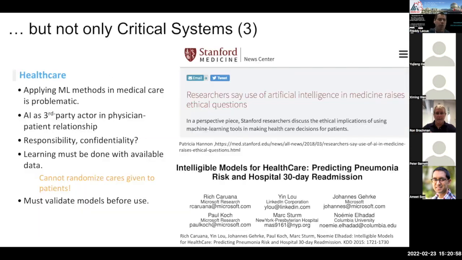And then also, obviously, healthcare. Applying machine learning methods in medical care is problematic because of those particular dimensions. AI should play as a third-party actor in the physician-patient relationship, and at the end, you always have the physician and patient relationship, and the AI should be used for helping the conversation.